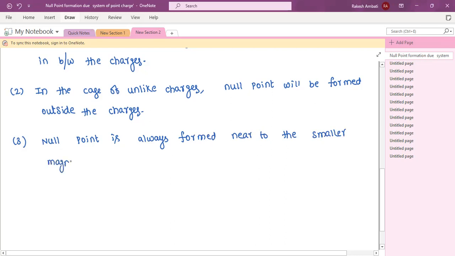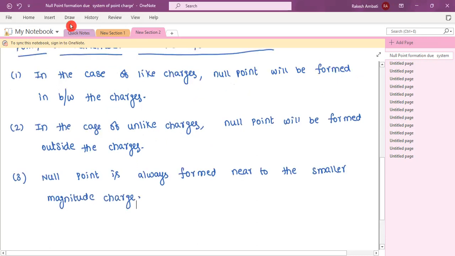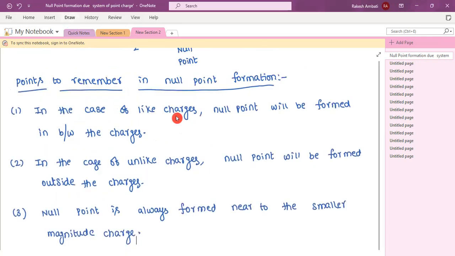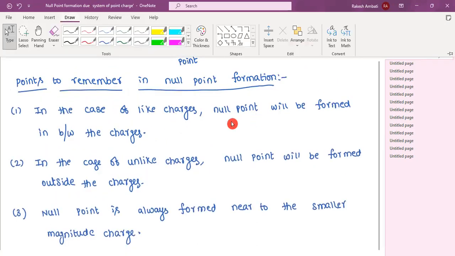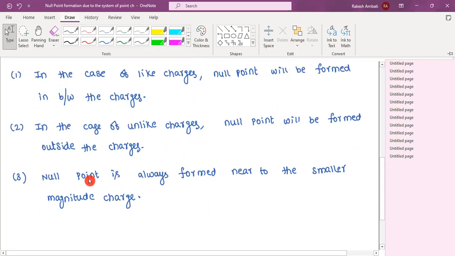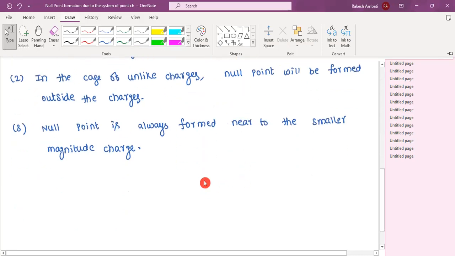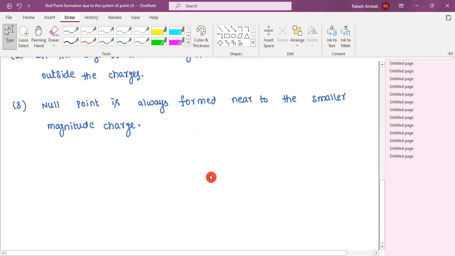So first point, in the case of like charges, null point will be formed in between the charges. Second point, in the case of unlike charges, null point will be formed outside the charges. The third point, null point is always formed near to the smaller magnitude charge.